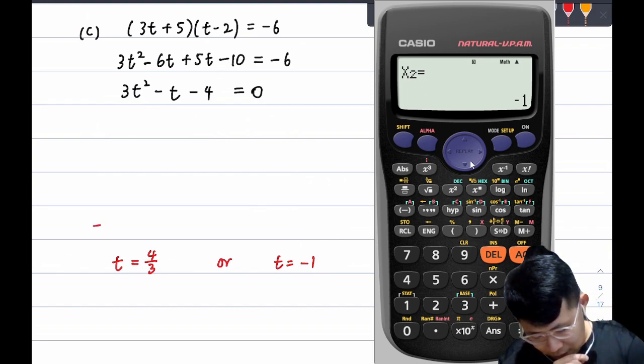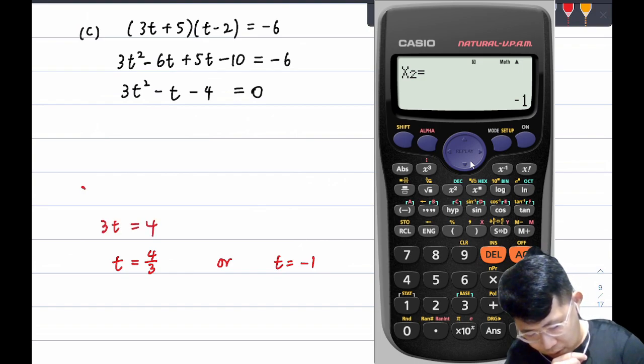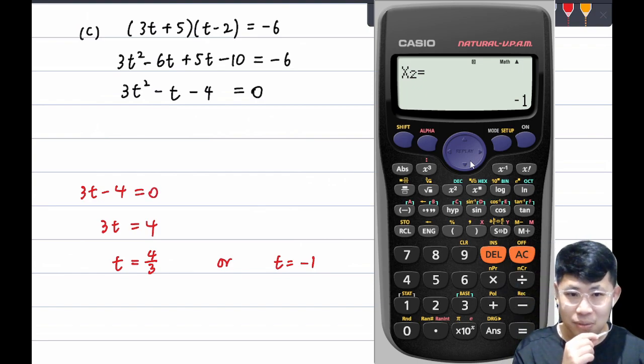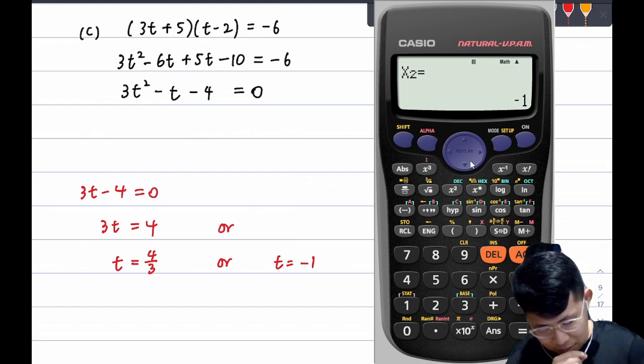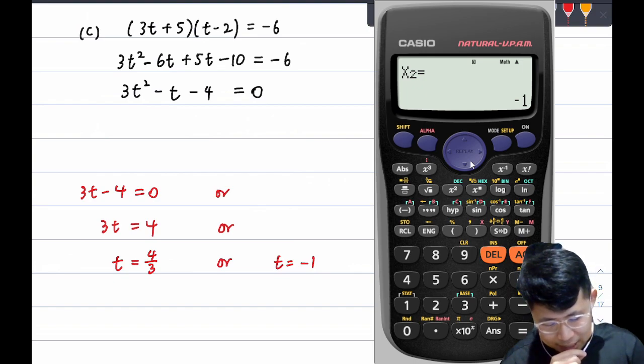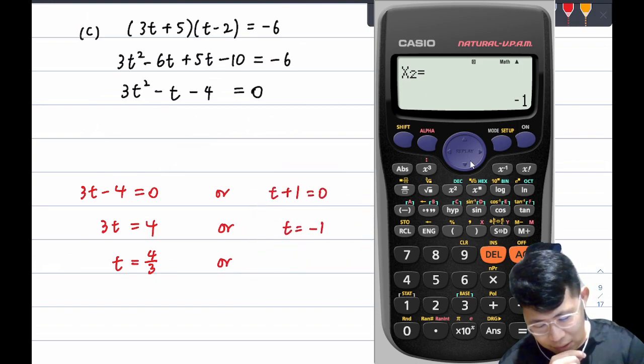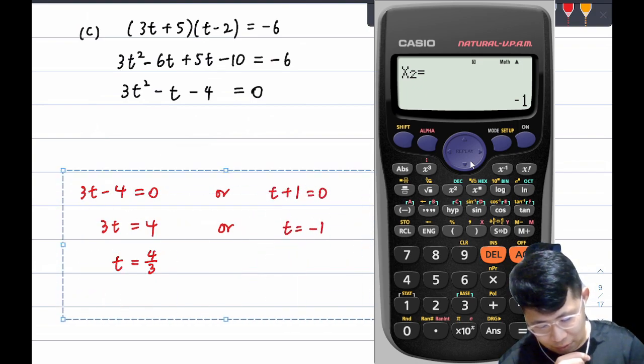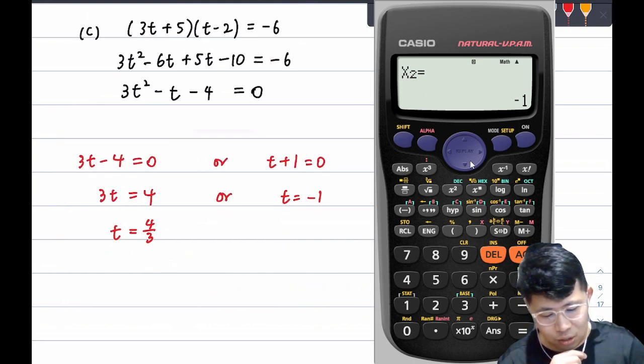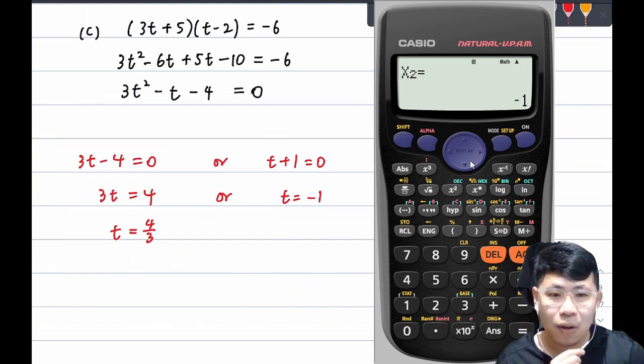We multiply by 3 on the left, so 3t is equal to 4, then 3t minus 4 equals 0. Make this a 0 over here. The second one will be t plus 1 equals 0, so this is the 0 on the second side already. Then we level it up like this, put it back up over here. So based on this, how do we proceed?